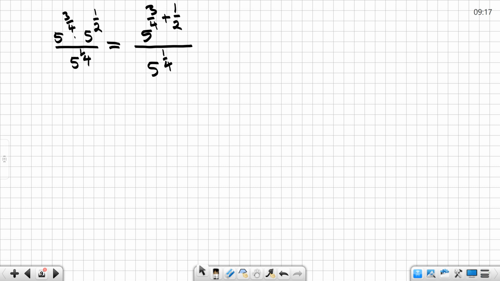So what in the world is 3/4 plus 1/2? Well, they do not have the same denominator, but the least common denominator is 4. So I take 1/2 and I multiply the top and the bottom by 2 to get 2/4.